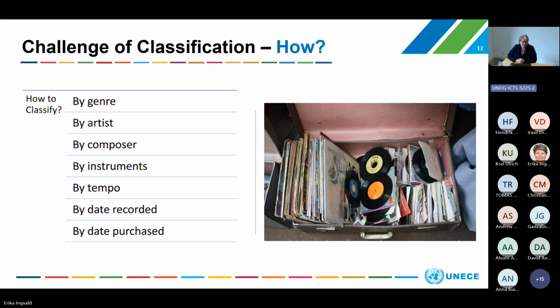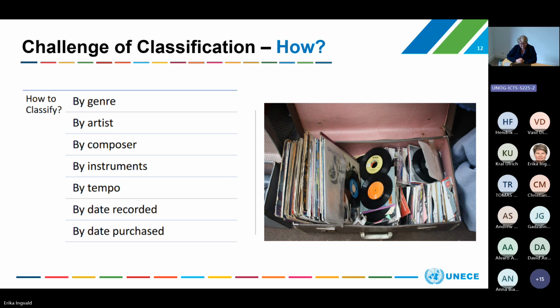And so you know that there are a lot of ways to do it, and to get out the information that you want, and find the record or the song or the artist that you want. And it's a little bit the same with classifying resource projects, even though the main information is a little bit different.